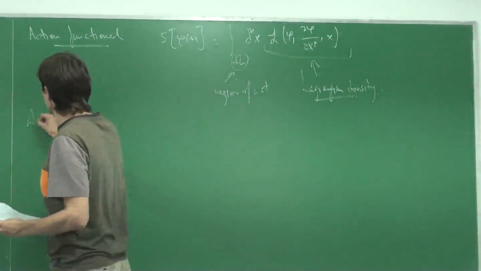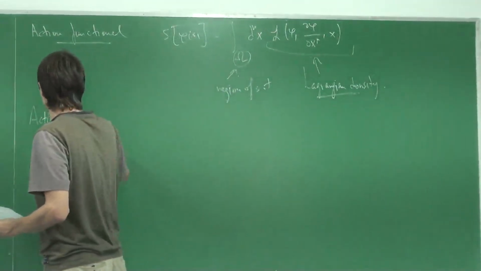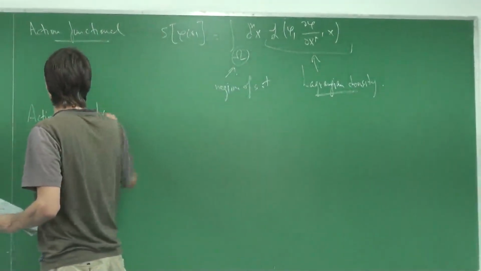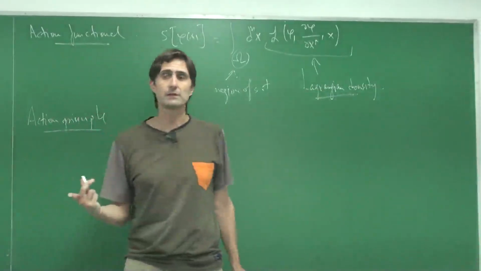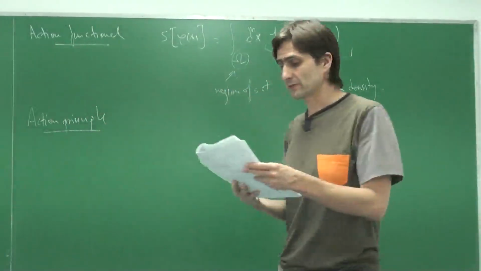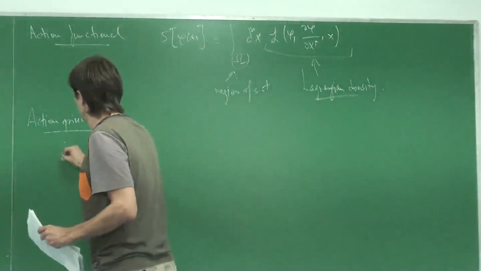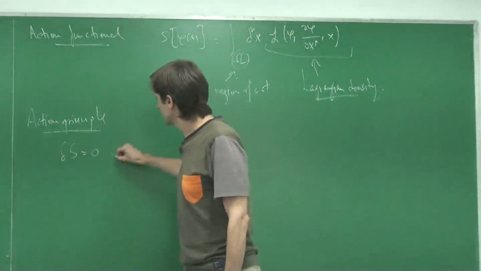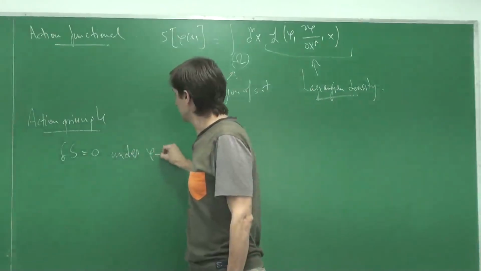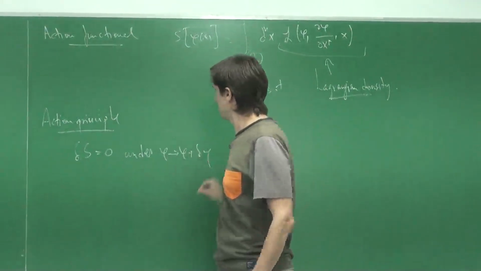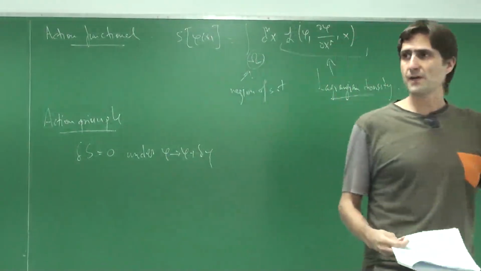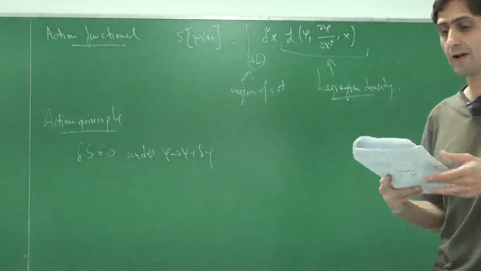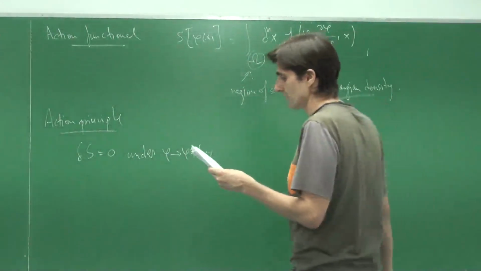So from this, you use your action principle, which tells you that under a certain variation of the field, your action is extremized. So you want to extremize the action under a variation of your fields. This phi can denote any fields, and you can have various fields in your physical system.